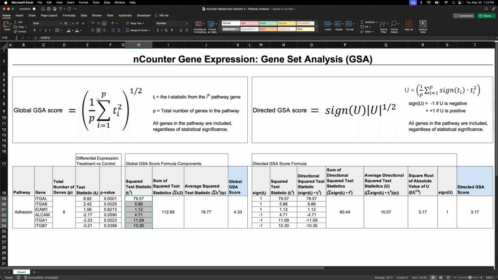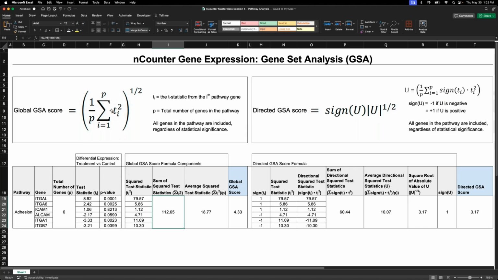And then this sigma, this is the Greek symbol sigma if you're not familiar. This indicates summation. It's telling us we just want to sum up all of these squared test statistics, all of these T squareds. So I just added all of these values together, all 6 values together, and that's 112.65.